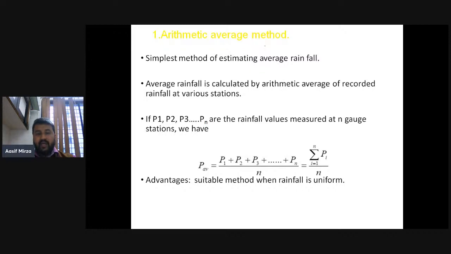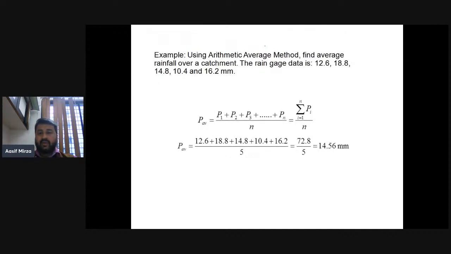Directly we will get the average rainfall. What are the advantages of this? This is a suitable method when rainfall is uniform. So in the case of uniform rainfall over the basin, this is the method which can be adopted.